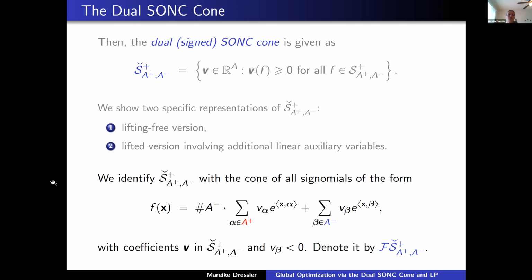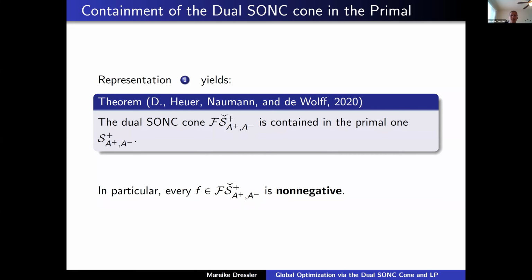Okay, with that now we can really follow our path. Namely, first we want to show that this dual SONC cone is contained in the primal cone, and as said, we use the first representation of this dual SONC cone, namely the lifting free version for that. And this more or less directly yields that this dual SONC cone, if we really look at it like just defined as functions having coefficients in this dual cone, this so constructed dual cone is really contained in the primal one.